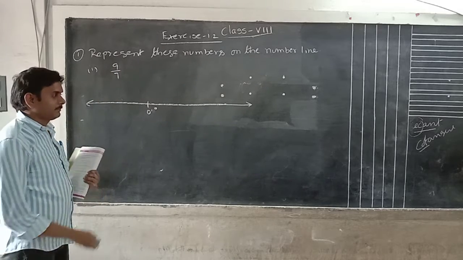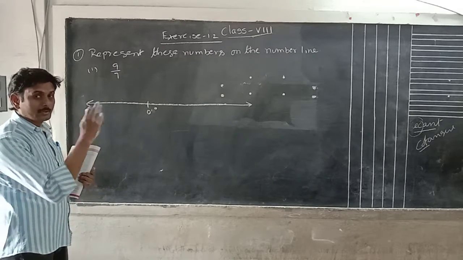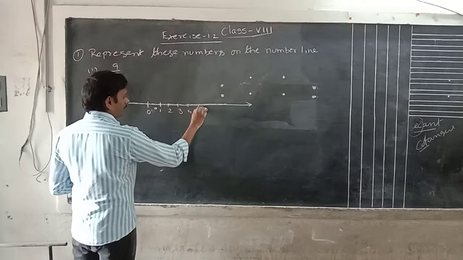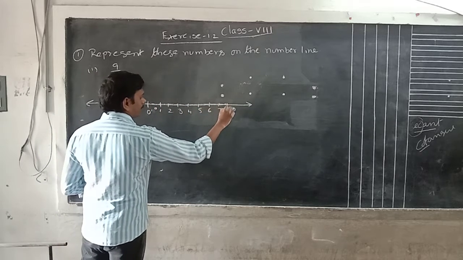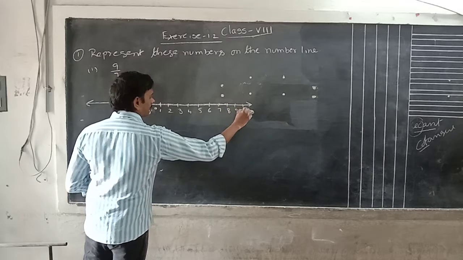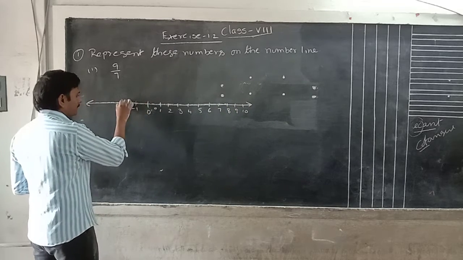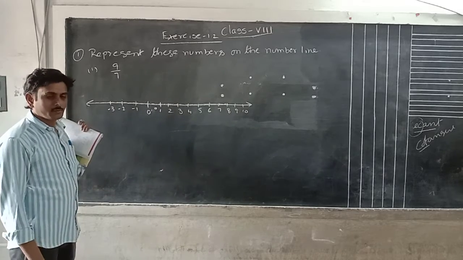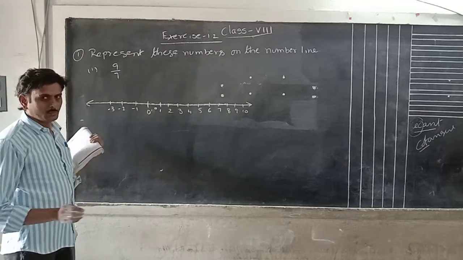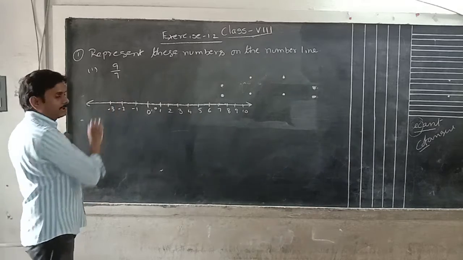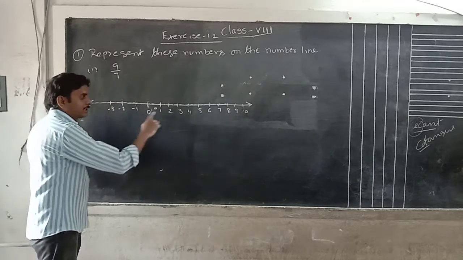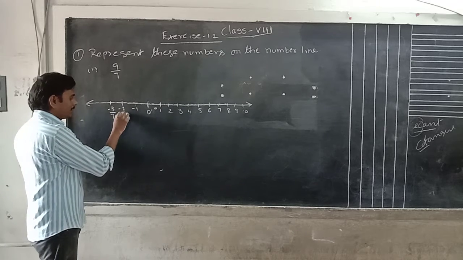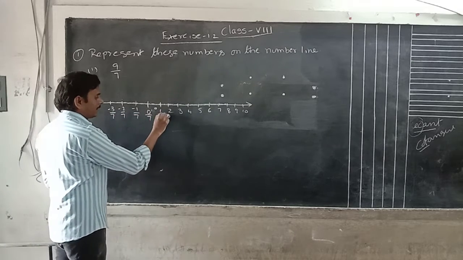Plus 9, so we have to write up to 10: 1, 2, 3, 4, 5, 6, 7, 8, 9, 10. On this side -1, -2, -3. No need to write up to -9, but if you want to, you can. What is the denominator here? 7. Divide each integer with 7.